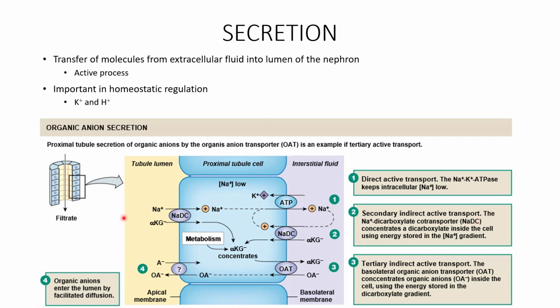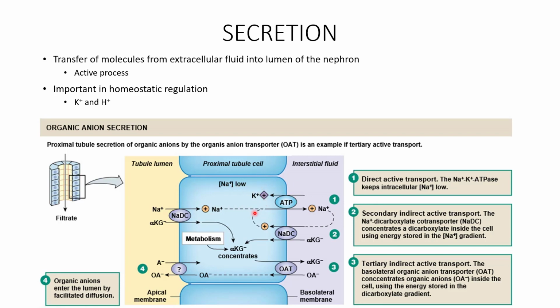We see this with our anion secretion, in which we would then secrete sodium using the sodium-potassium pump. So we're bringing sodium out, but we then secrete potassium into the cell.